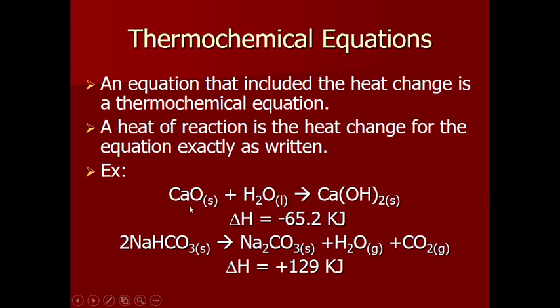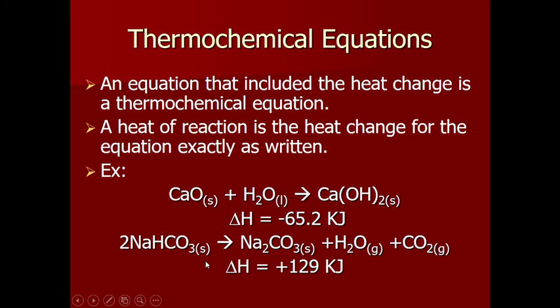In the first case, the hydrolysis of calcium oxide gives calcium hydroxide. The heat of reaction for this reaction is minus 65.2 kilojoule. What does it mean? It means that the hydrolysis of calcium oxide is an exothermic process. In that case, the heat is evolved from system to surrounding because the sign is negative over here. This negative sign indicates that this reaction is an exothermic reaction.